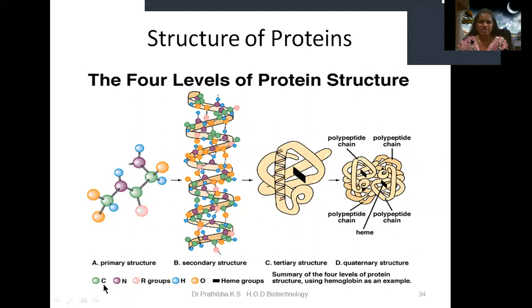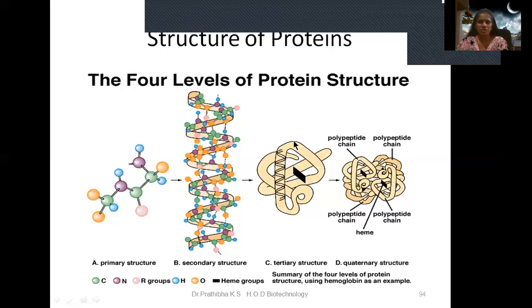This color represents the carbon atom, this purple color represents the nitrogen, this particular color represents the R group or side chain or functional group, this color represents the hydrogen, and this color represents the oxygen molecule. This is the summary of the four levels of protein structure, with hemoglobin as the example under quaternary structure.